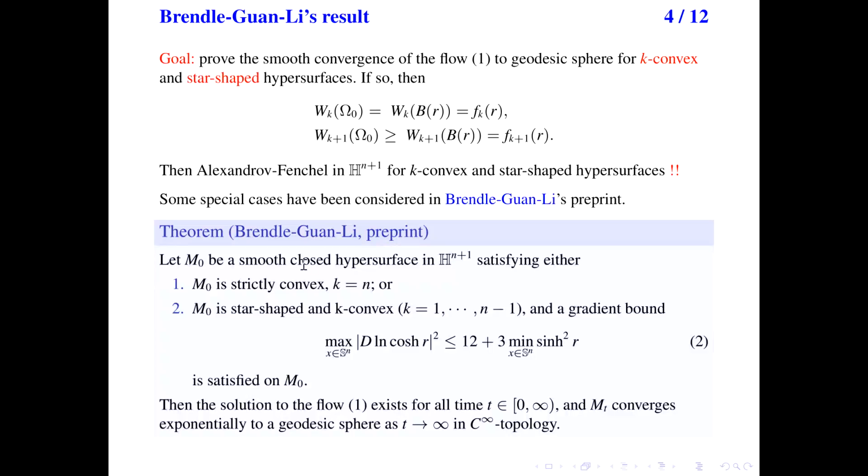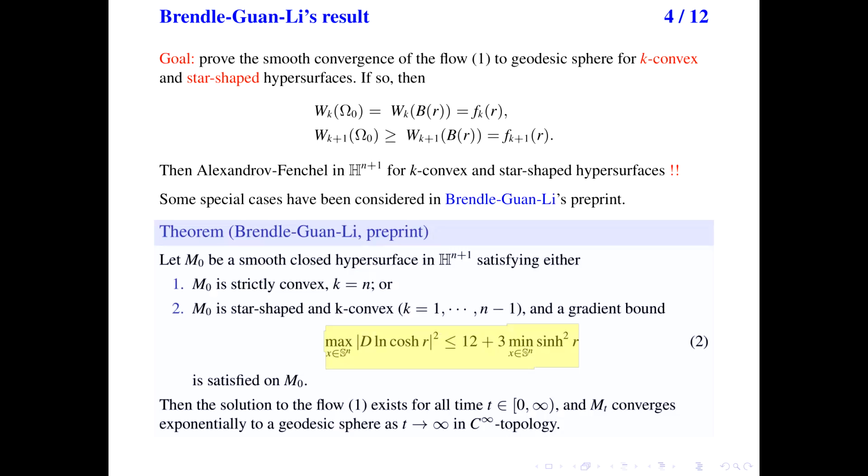In Brendle, Guan and Li's preprint, they considered the following two cases. The first case is for k equal to n and the initial hypersurface is convex. And the second case is for general star-shaped and k-convex hypersurface, but they need to assume a gradient bound, which is a bound on the gradient of the radial function of the initial hypersurface.